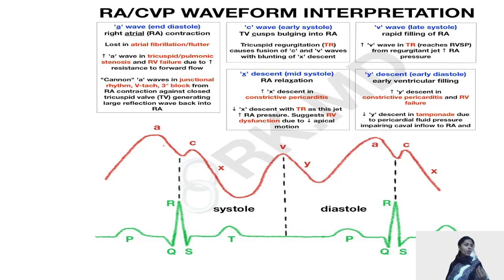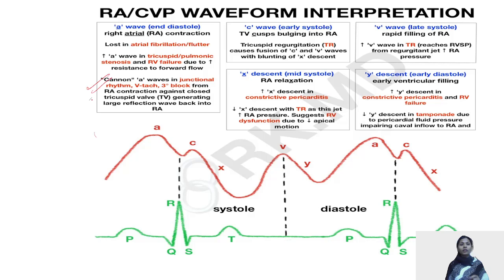When the ventricle's diastolic phase ends, it is followed by the systolic phase of your right atrium. Done. This atrial systolic phase is lost in cases of atrial fibrillation and atrial flutter. This is what you have to remember. Then you have cannon A waves, which is an MCQ, and this can be seen in junctional rhythms or in third degree block.